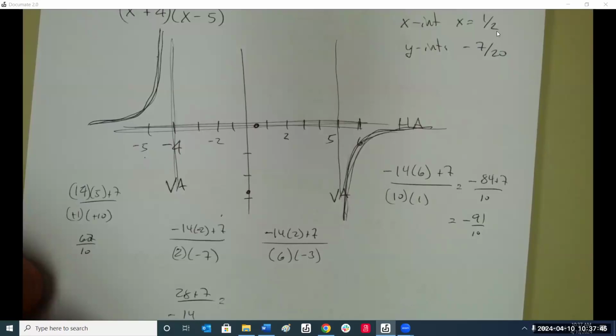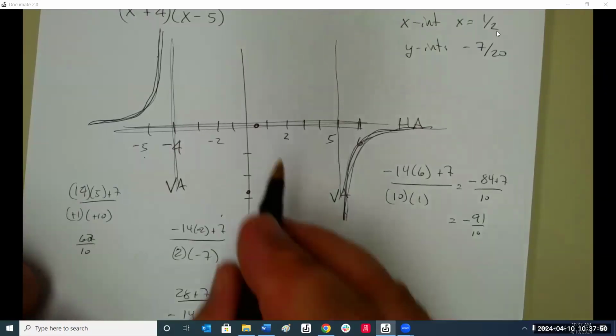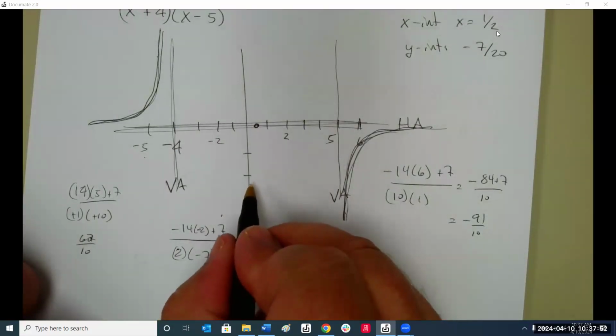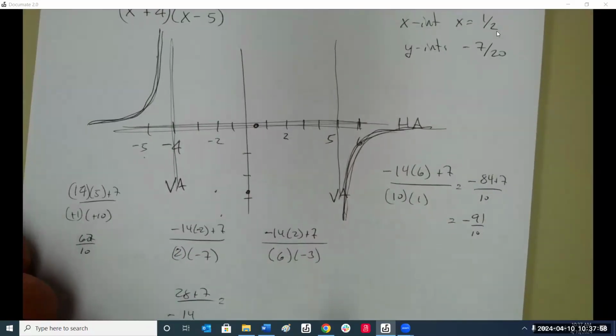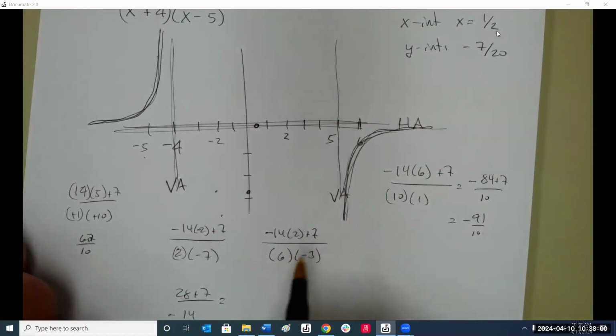Negative 2 and 7, or negative 2.5. At positive 2, negative 28 plus 7, negative 18.